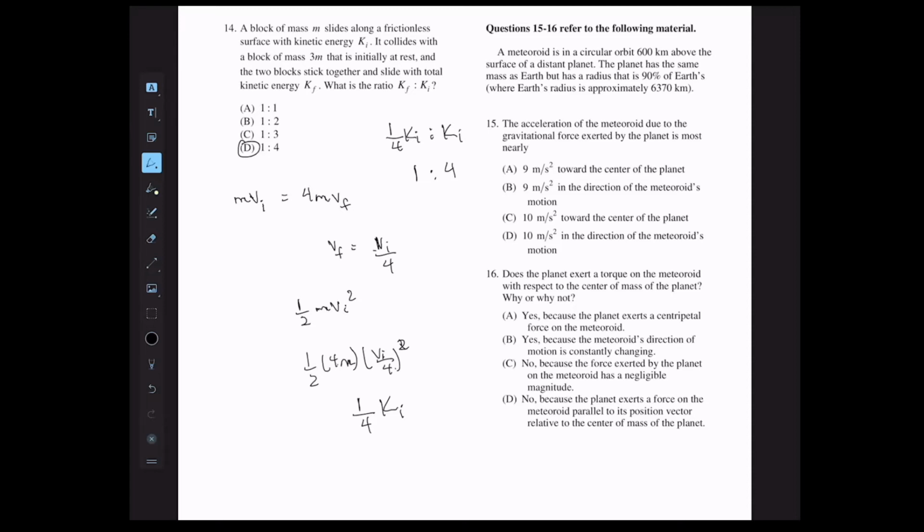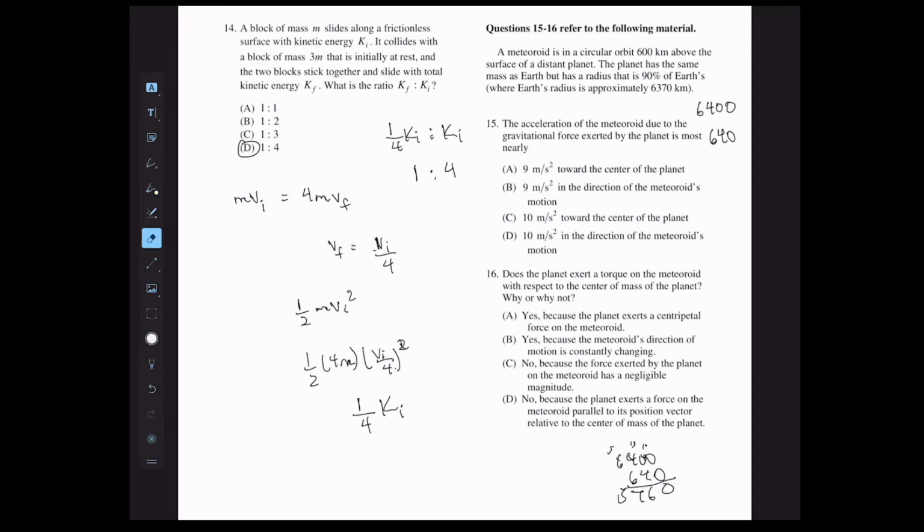Let's see what's 90% of 6,400. 10% of that is 640. So if you subtract 640 from 6,400, you get 5,760.